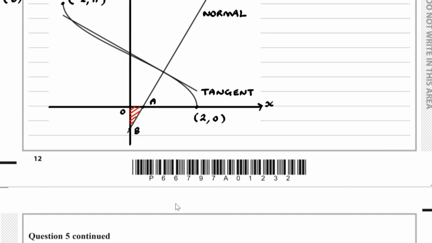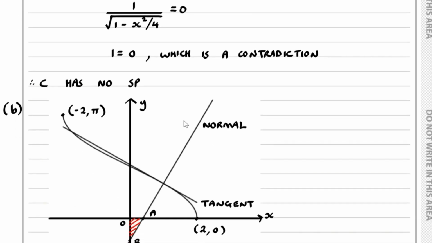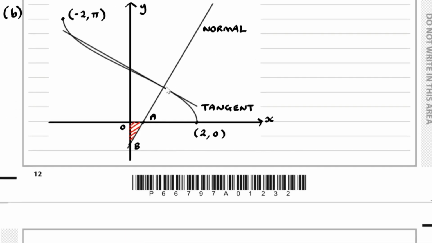Now, what we have been given information about is the normal to C at the point where x equals 1. So we can find the equation of the normal, and we can also find the corresponding y coordinate.